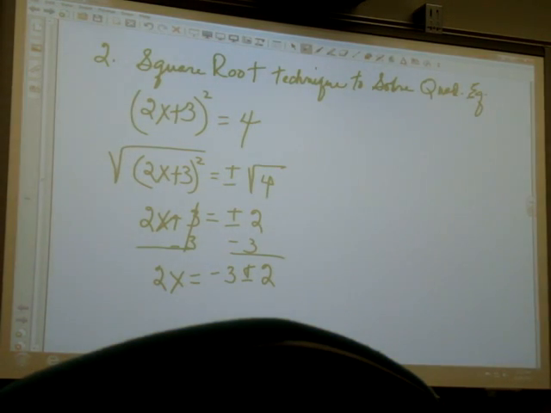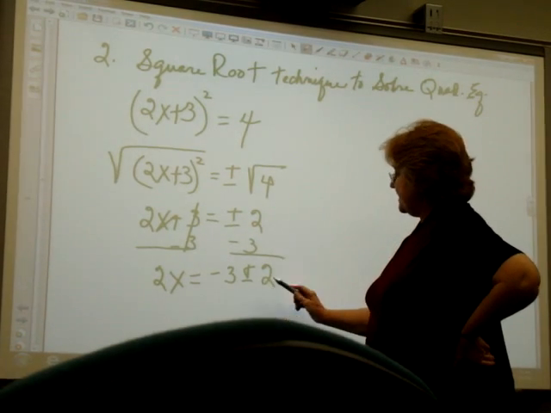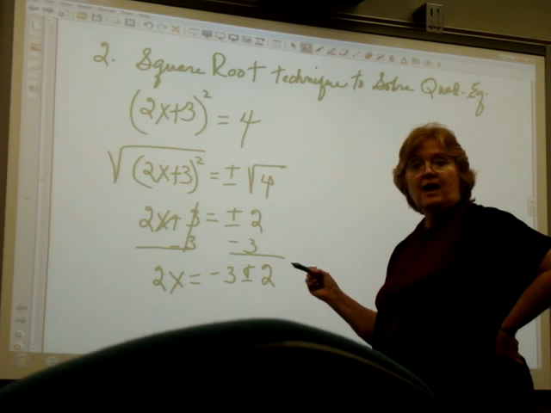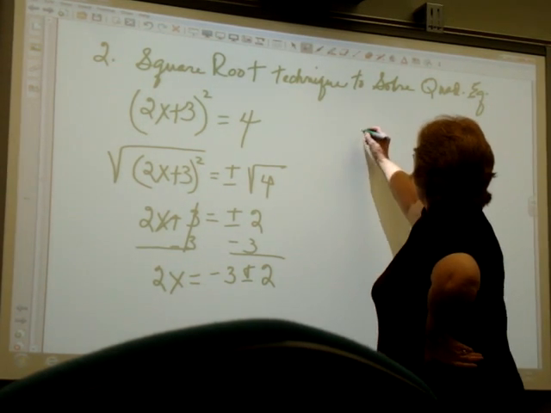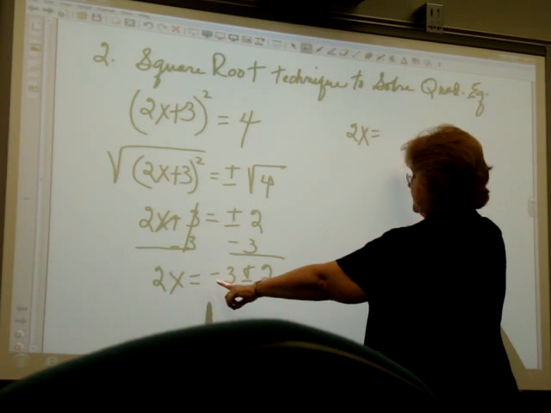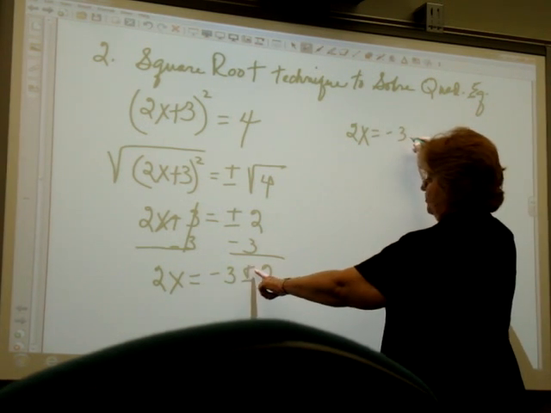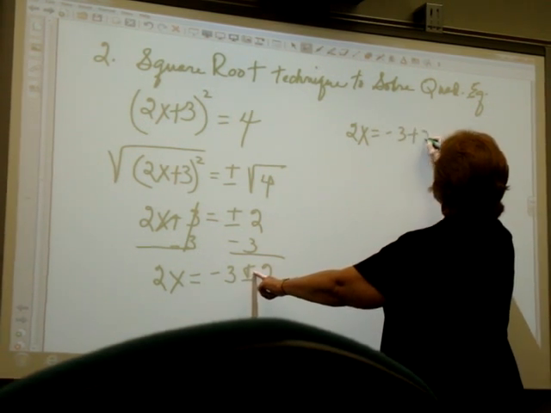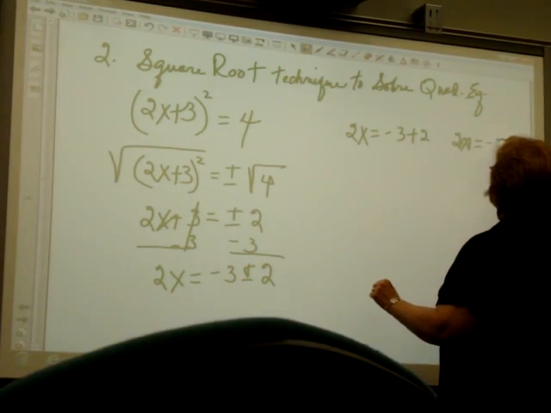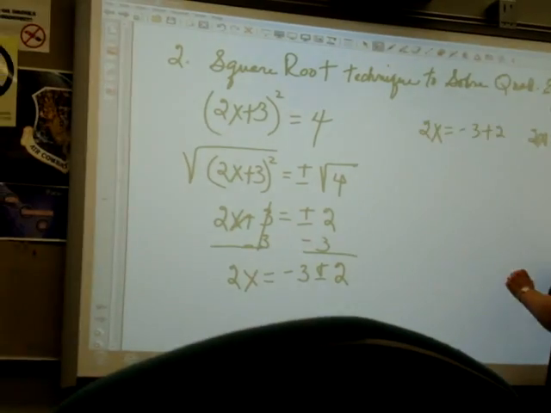Now, in this particular case, when we simplified this, it turned out to be a number that I can now simplify. Well, how am I going to simplify it? I've got 2x is equal to negative 3 plus 2. And I've got 2x is equal to negative 3 minus 2. Do you see that?